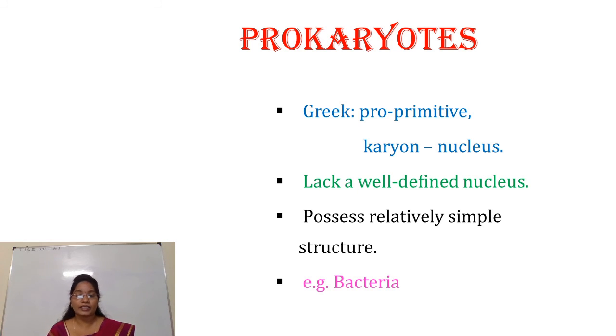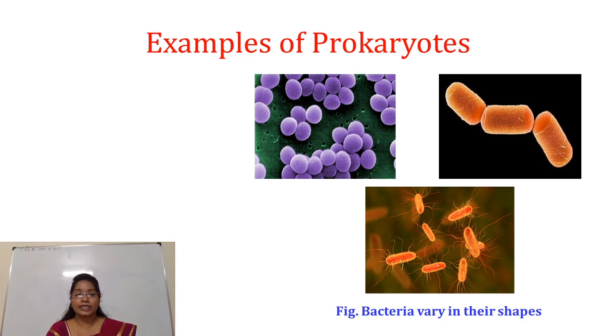An example is bacteria. These are certain examples of prokaryotes. These are cocci, these are bacilli, and these are flagellated bacteria. Bacteria vary in their size and shapes.